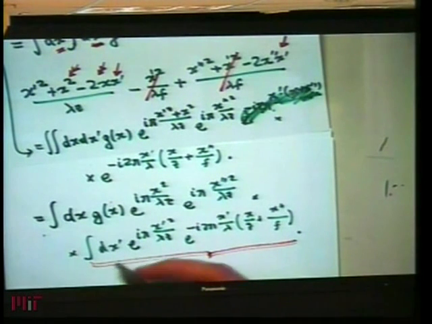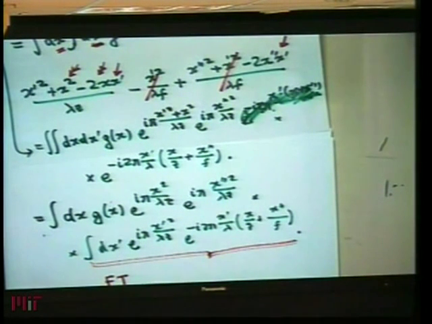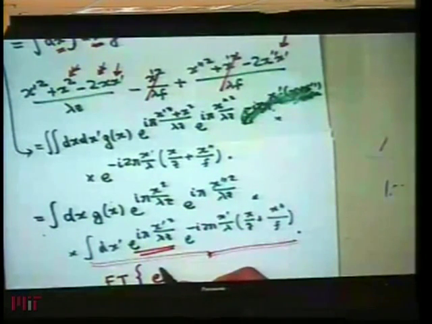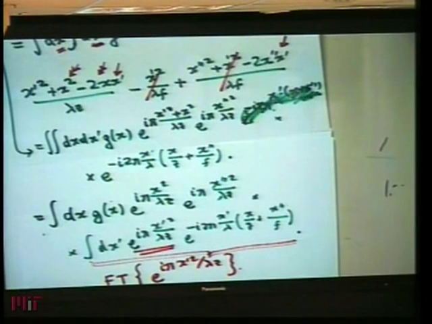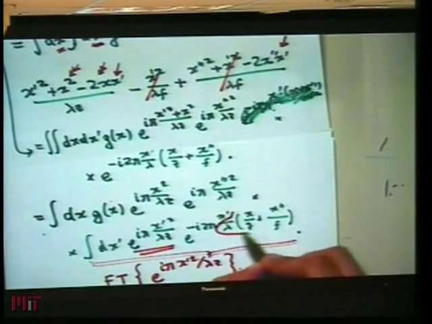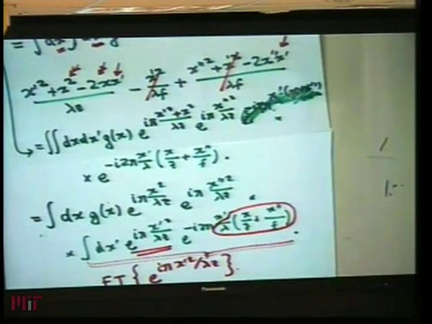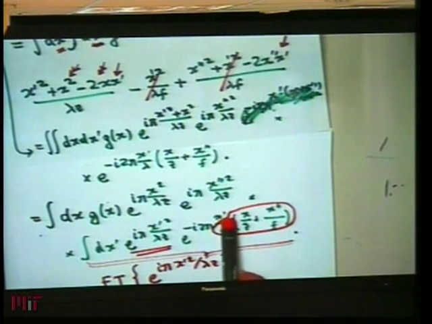That's a Fourier transform. Whose Fourier transform? The Fourier transform of whomever appears in this location over here. Okay. And where is the Fourier transform computed? Well, it is computed in this spatial frequency, right? It is computed in whatever spatial frequency multiplies the dummy variable in the exponent.